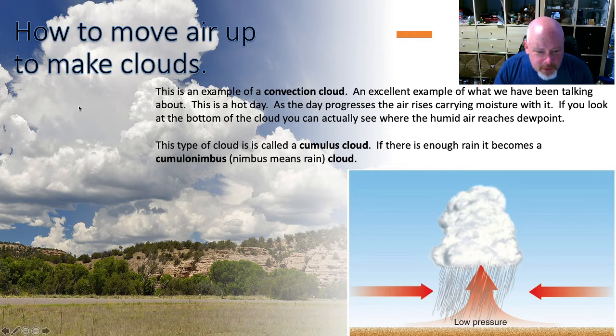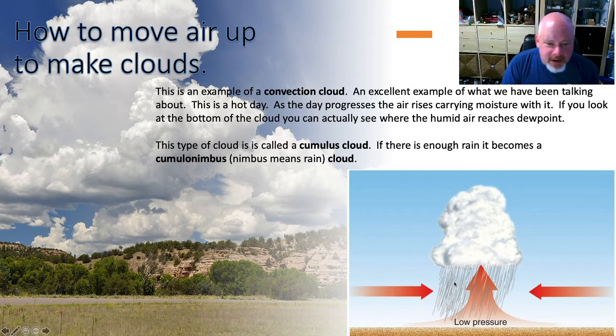So really what you're looking at with this great big cloud right here, called a cumulus cloud, is a bunch of little water droplets that are growing and growing and growing. And that cloud will get bigger and bigger until it can't hold that moisture anymore, and that moisture starts to fall out as rain.